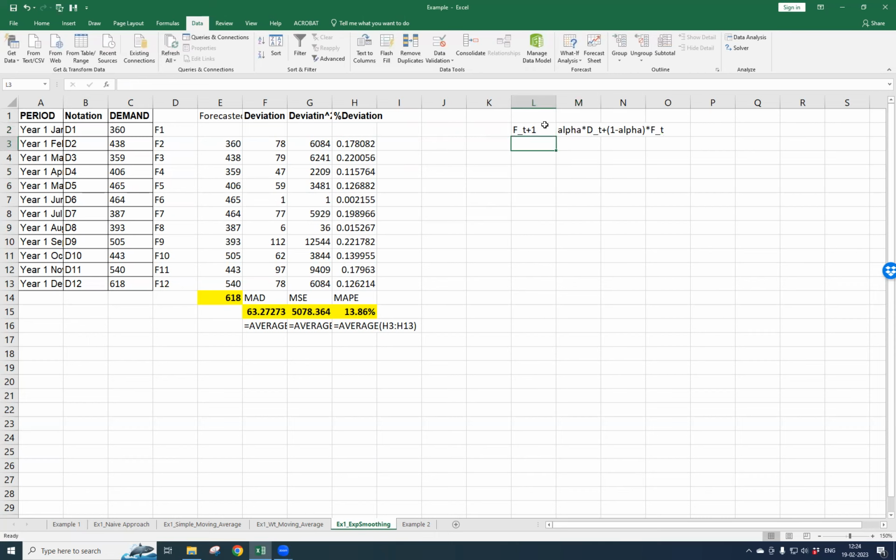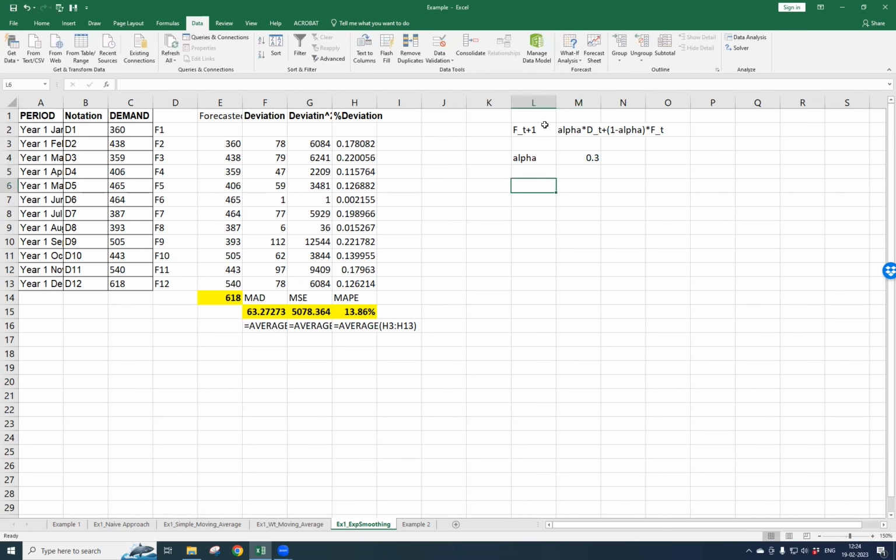It depends upon the previous forecast, right? There is no multi-period moving average kind of concept over here. There is only one thing that you have to choose, that is your alpha value. And we know that the alpha value lies between 0 and 1. So to start with, let's say 0.3.